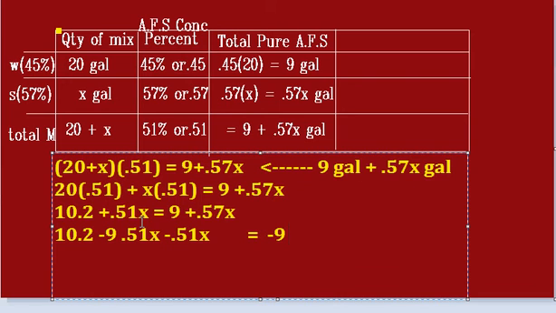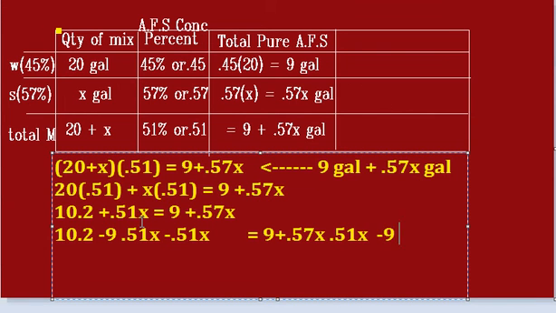It is actually 9 + 0.57x, and we have deducted 9 there. And since we have deducted the 0.51x here, we also have to deduct 0.51x. Anyway, that is just simple algebra, no? Just recalling your previous knowledge about addition and subtraction in the equation.